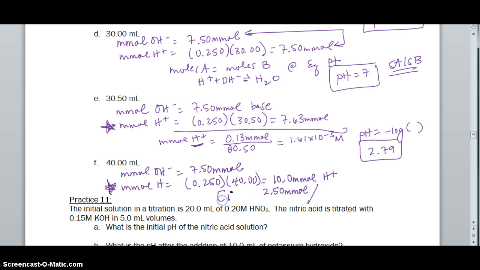Divide it by the total volume, and that's going to give us the concentration of H plus. So we're going to take 40 mLs, add it to 50. We've got 90 milliliters. So our concentration of H plus comes out to 2.78 times 10 to the negative 2. So pH, we're just going to minus log that number, and pH comes out to 1.56.